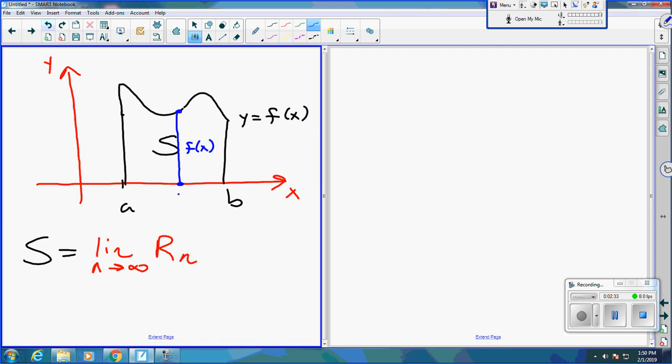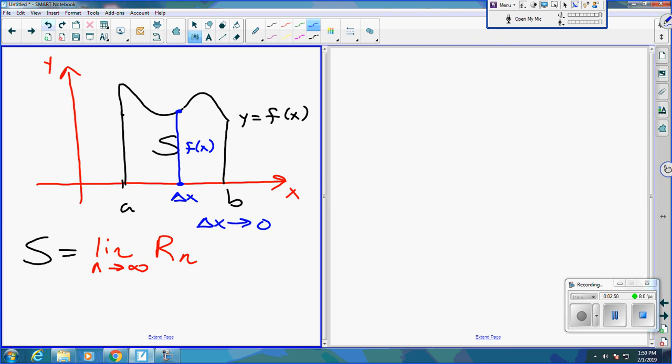And that the width, and I'm going to call it delta x, means that delta x is going to go towards 0. And all of a sudden, if I say that, what are we thinking? I hope you're thinking limits. You're thinking limits, guys. All right?